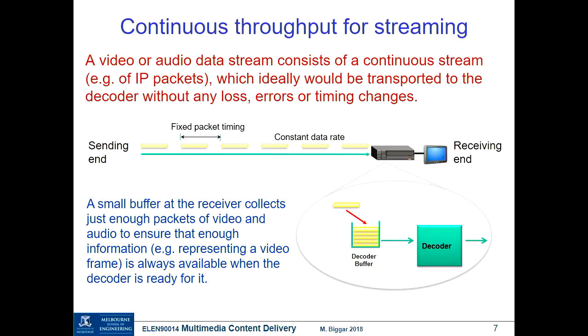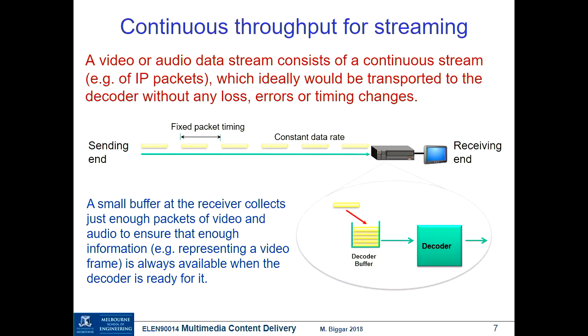So let's look at this issue of continuous throughput and consider what our challenges are here. Let's assume that we have a constant data rate, say a video service. Video means audio visual. We understand that by now. And just assume it's a constant data rate just so that we can easily visualize what's going on.